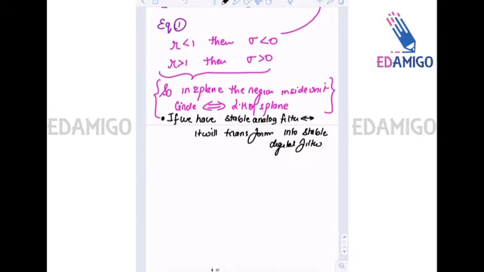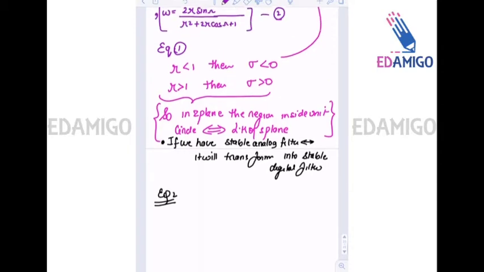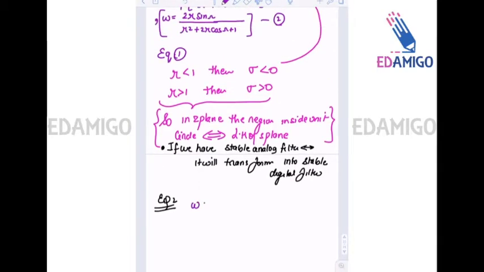Now from equation number 2, if you look at equation number 2, then equation number 2 is this: omega is equal to 2R sine sigma on R square plus 2R cos sigma plus 1.